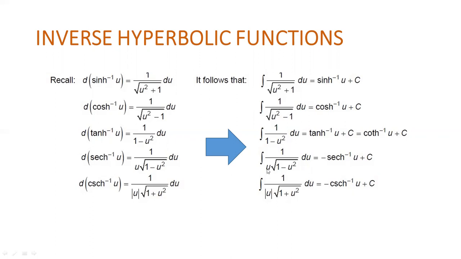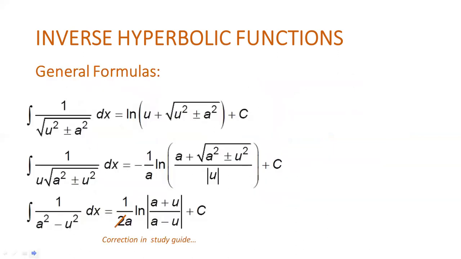Now, in here, you have u for the inverse hyperbolic secant integral, and in here you have the absolute value of u for the integral yielding the inverse hyperbolic cosecant. Okay, so let's look at some examples where we can apply this inverse hyperbolic function integral.